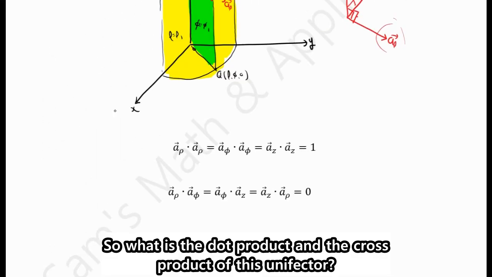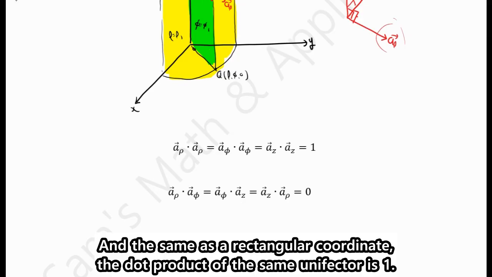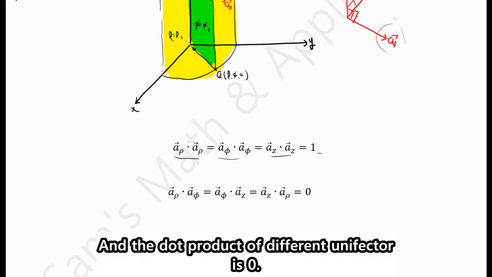What are the dot product and cross product of these unit vectors? The same as in the rectangular coordinate system, the dot product of the same unit vector is 1, and the dot product of different unit vectors is 0.